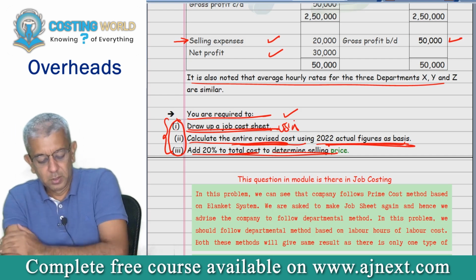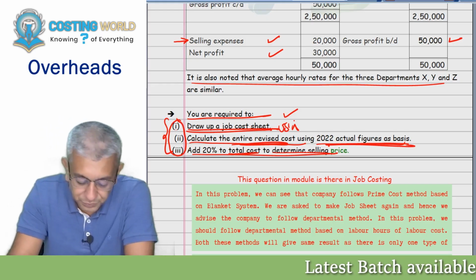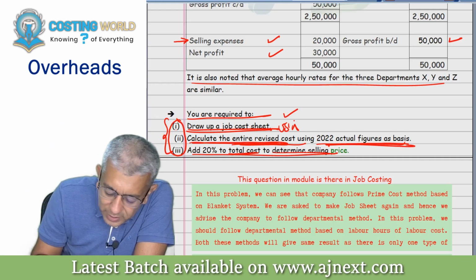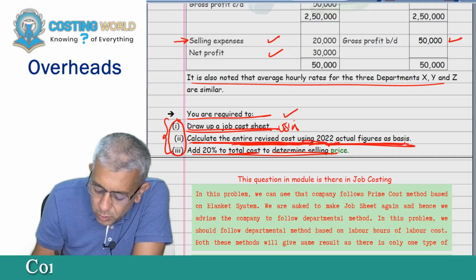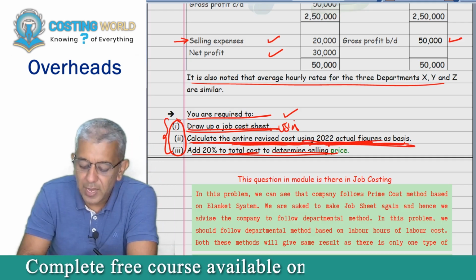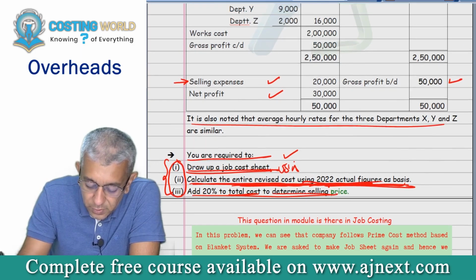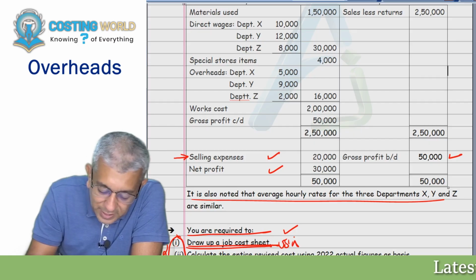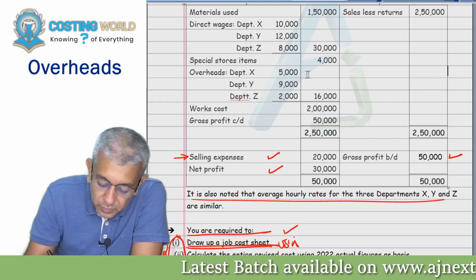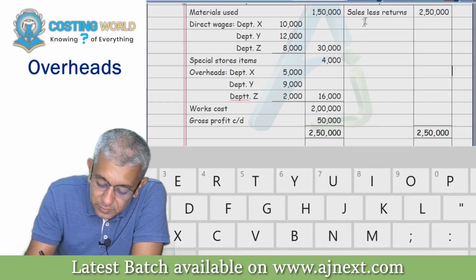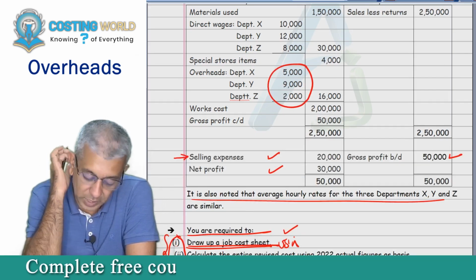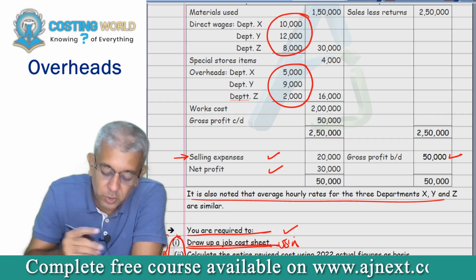Now see, in this case, calculate the entire revised cost using 2022 actual figures as basis. So in this case, these are the actual figures here. These are the actual figures. These are also the actual figures only.